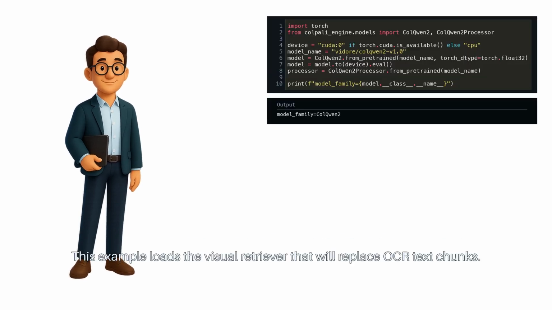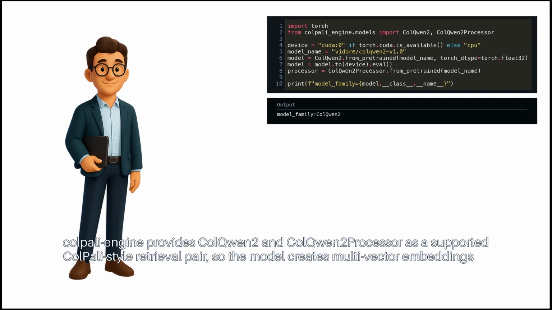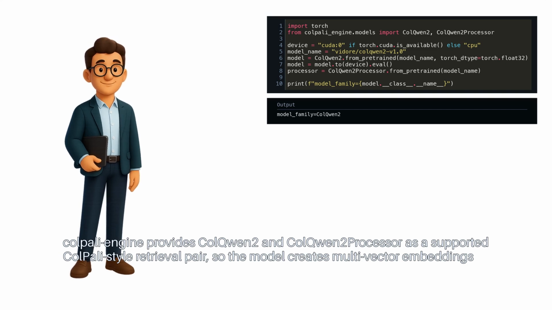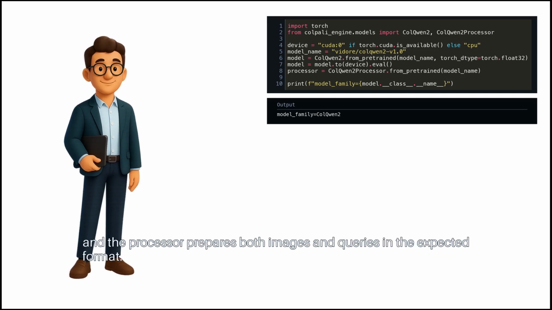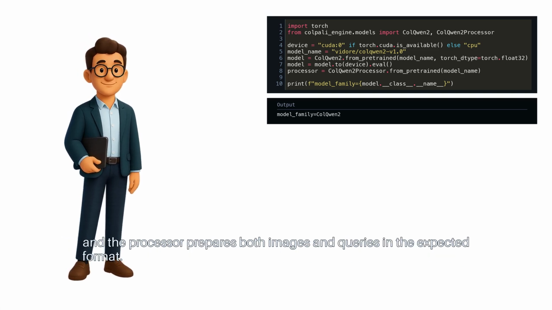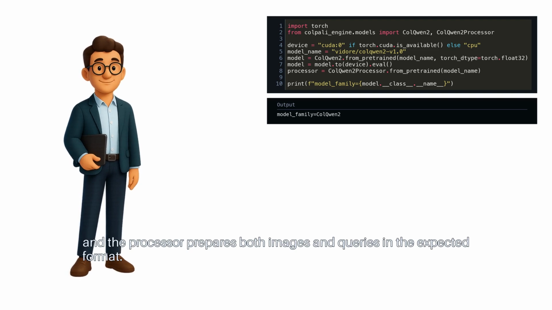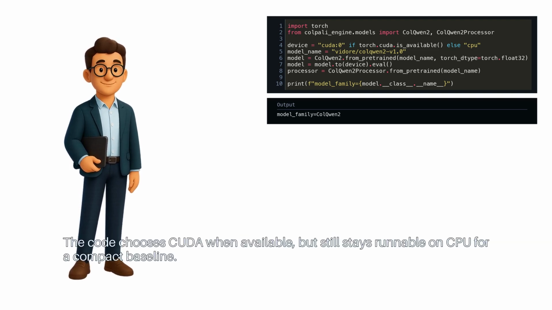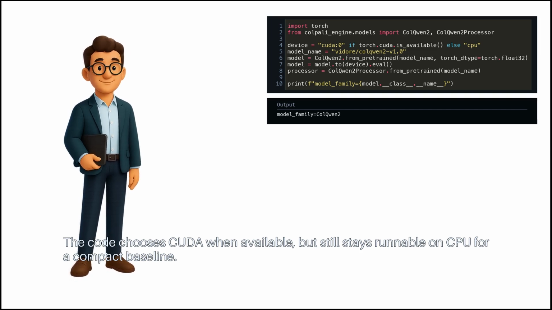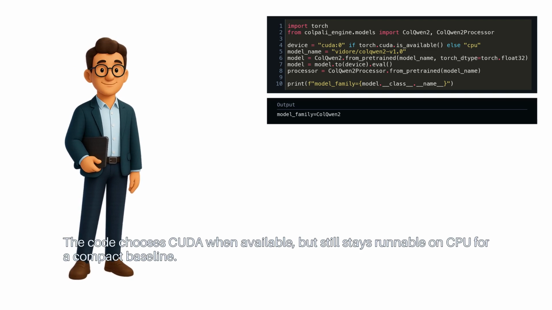This example loads the visual retriever that will replace OCR text chunks. colpali-engine provides ColQwen2 and ColQwen2Processor as a supported ColPali-style retrieval pair. So the model creates multi-vector embeddings, and the processor prepares both images and queries in the expected format. The code chooses CUDA when available, but still stays runnable on CPU for a compact baseline.